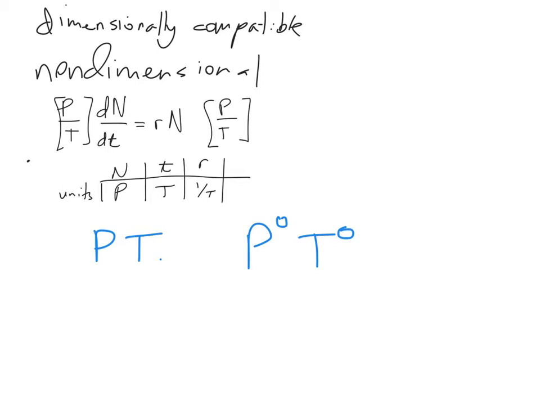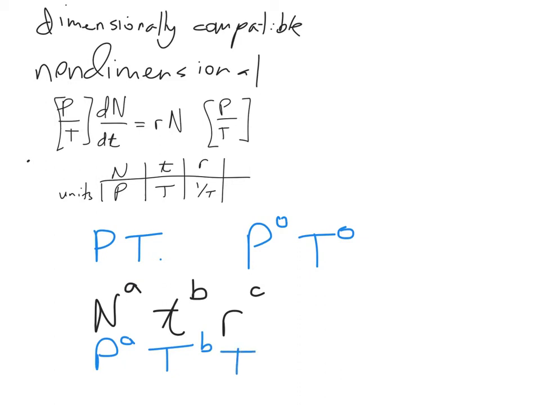So we're going to look for dimensionless products, and they're going to be of the form N to the a, T to the b, R to the c. And so that has units of P to the a, T to the b, T to the negative c. And we want this to be equal to P to the 0, T to the 0.